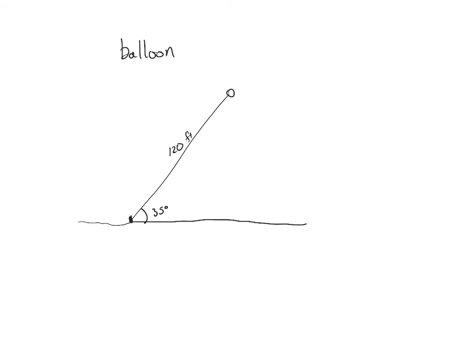If the degree increases, right, this gets bigger, then the balloon obviously must be higher. If that balloon degree decreases, right, like that down here, it decreases, then obviously that balloon must be getting lower to the ground, as we think of it logically right there.